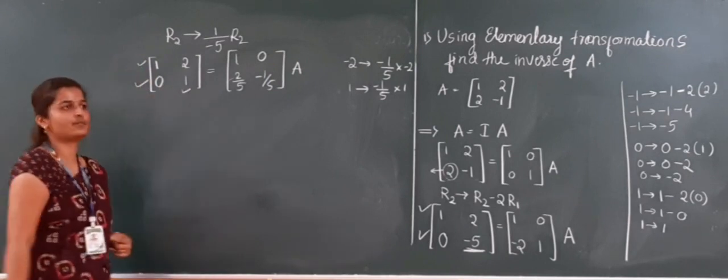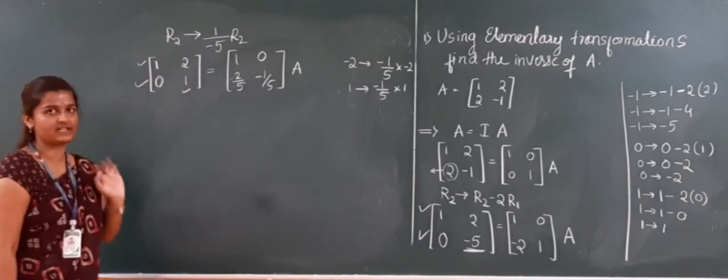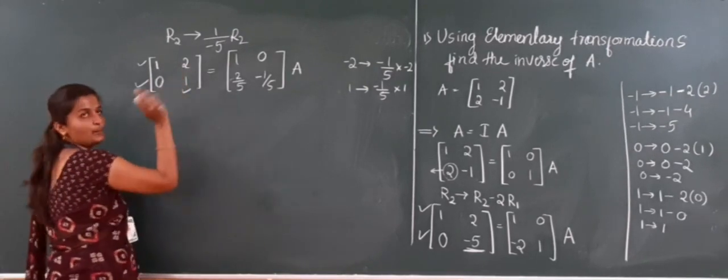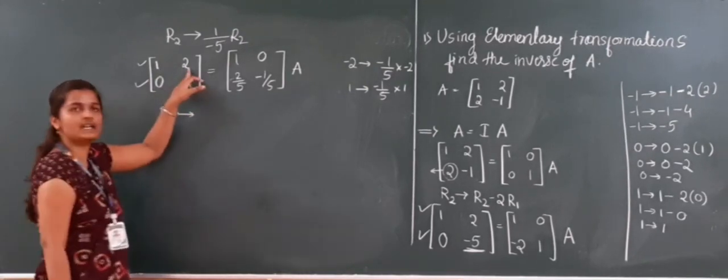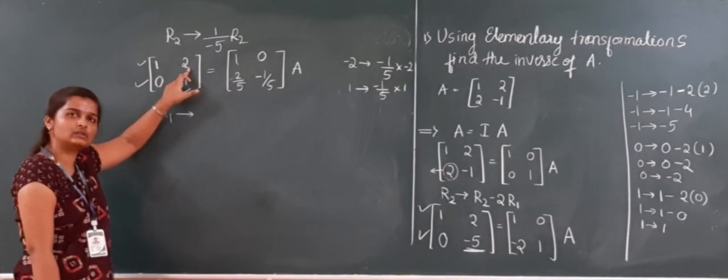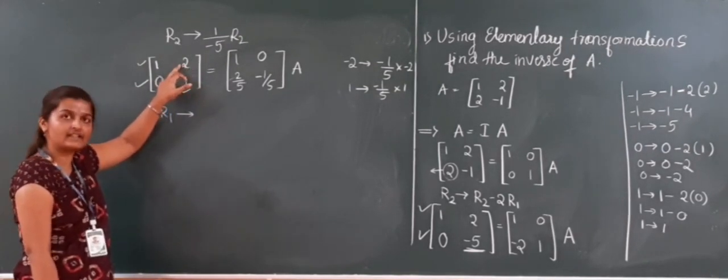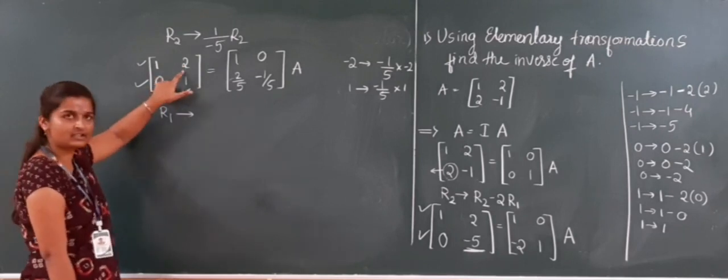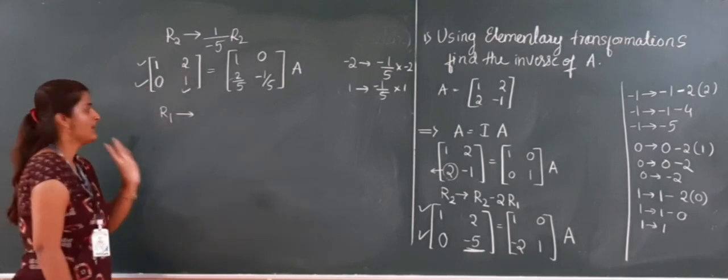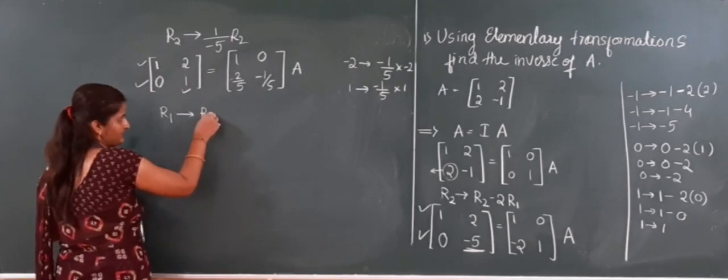Next, only left is I have to convert this term to 0. This is in the first row, so I will take the first row. R1 changes to, here 2 is there, I want to convert it to 0. What should I do? I have to subtract 2. How can I subtract? First take R1 only.